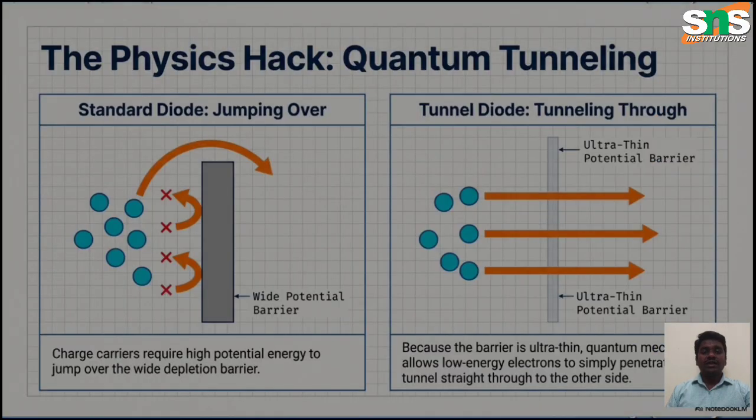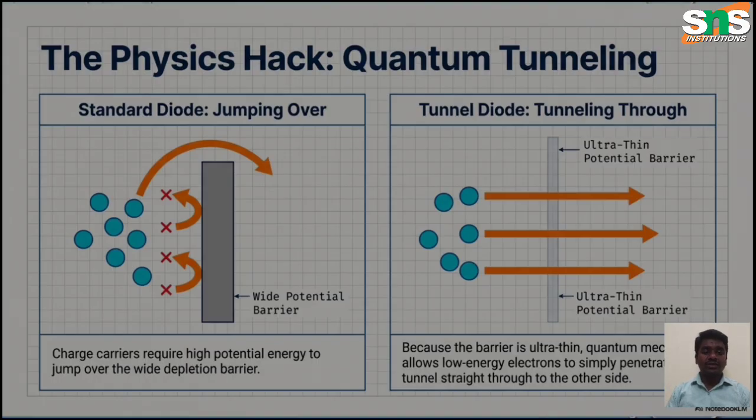Now the quantum tunneling, the working mechanism or working principle of the tunnel diode. In a standard diode, the charge carriers jump over the barrier. See the diagram. The electrons or holes require high potential energy to jump over the wide depletion barrier, so more energy is needed to break down the barrier.